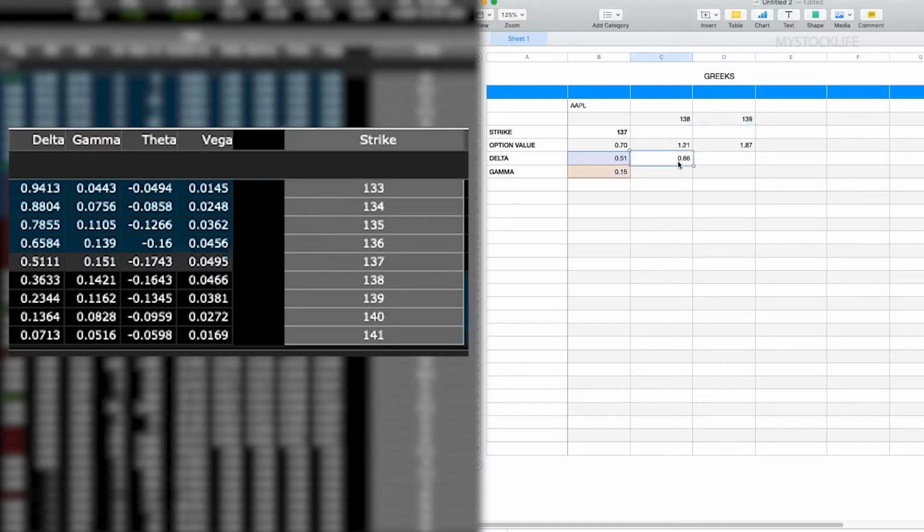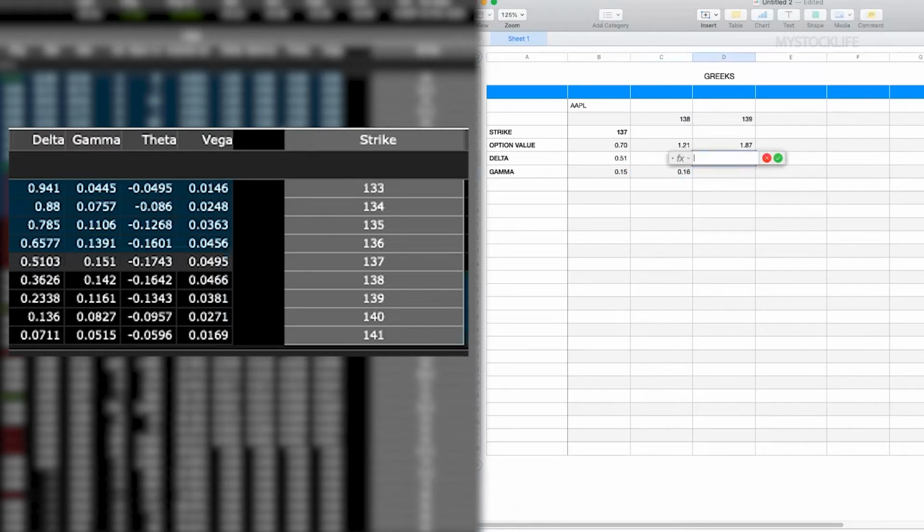So this delta is 66 cents when Apple is trading at 138 for the 137 strike. It goes up another $1, 121 plus the 66 cents delta is 187. And then whatever gamma we get here, which will be another maybe 15 cents or 18 cents. So let's just say probably another 16 cents, for example. I mean, deep in the money call, closer to expiry, delta goes towards $1.